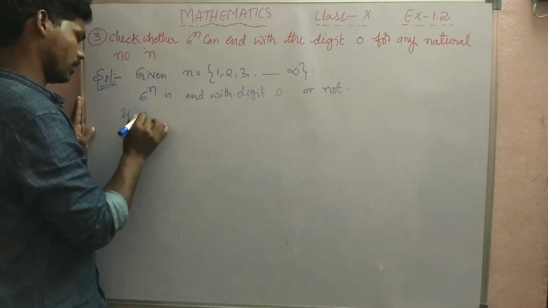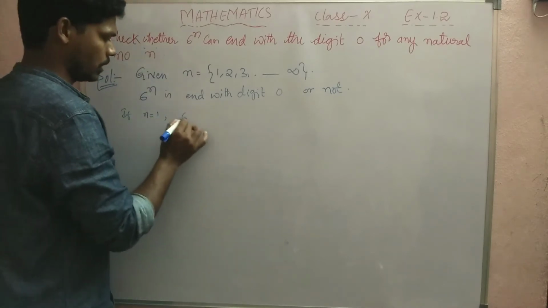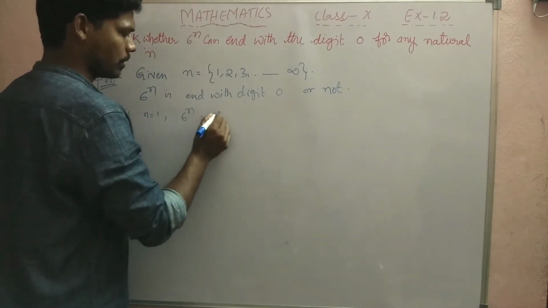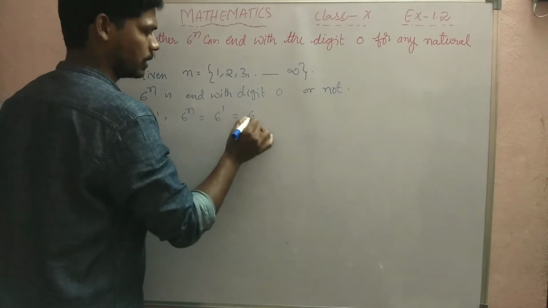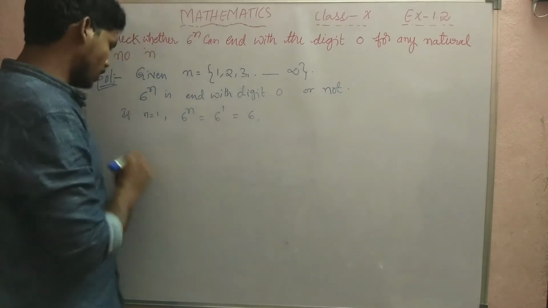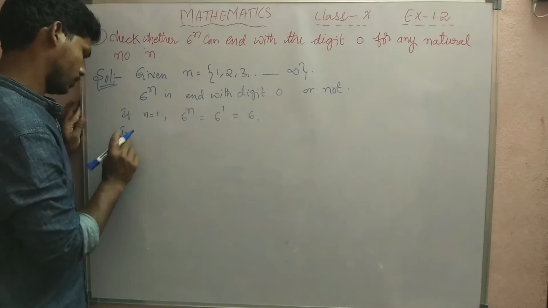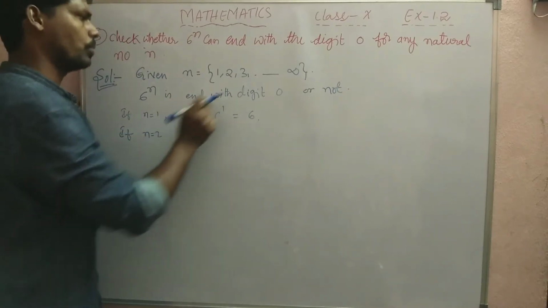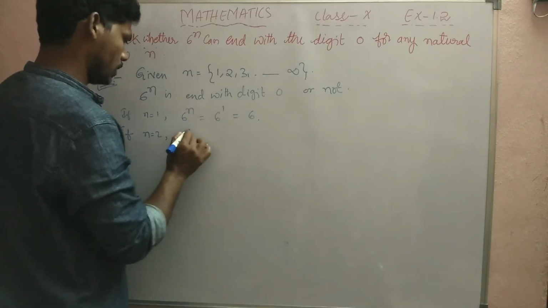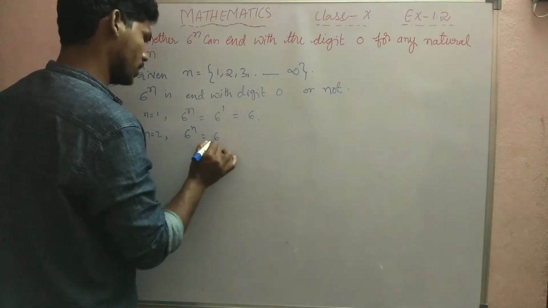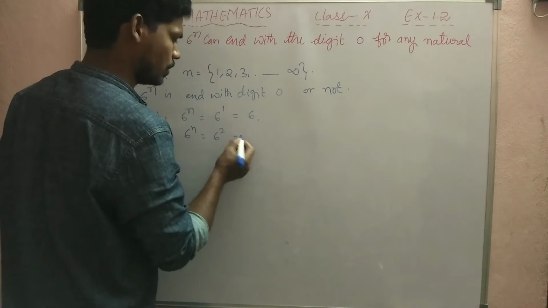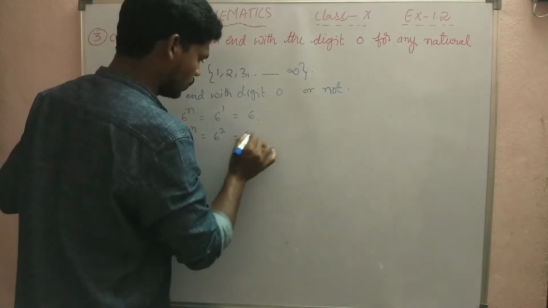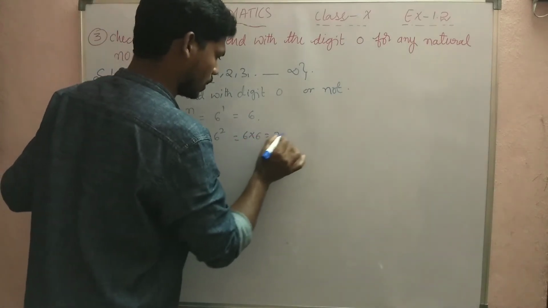If n is 1, then 6 power n becomes 6 power 1, that is 6 only. If n is equal to 2, then 6 power n becomes 6 power 2, that is 6 into 6, which means 36.